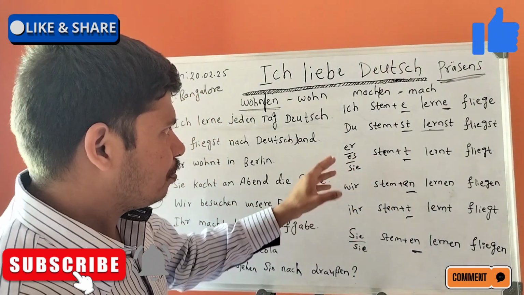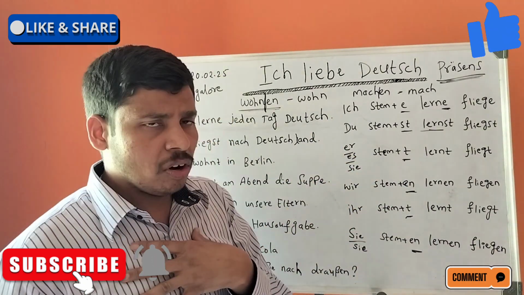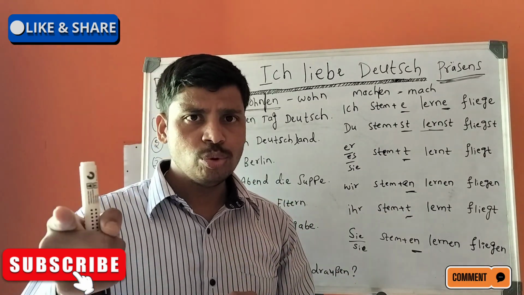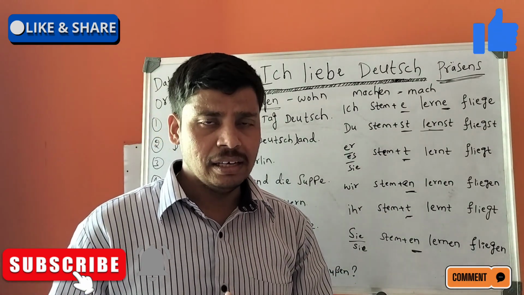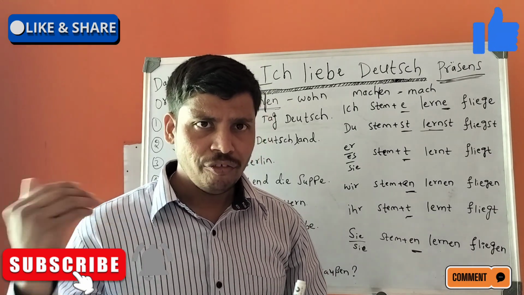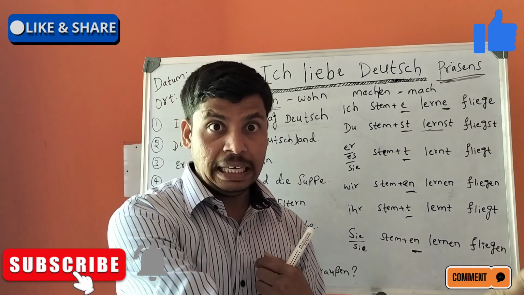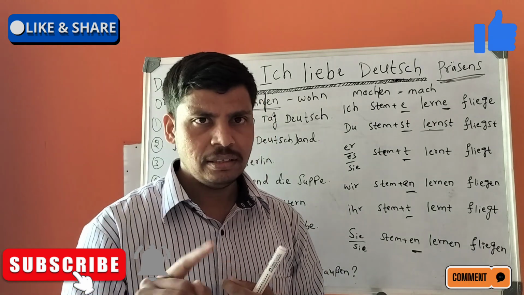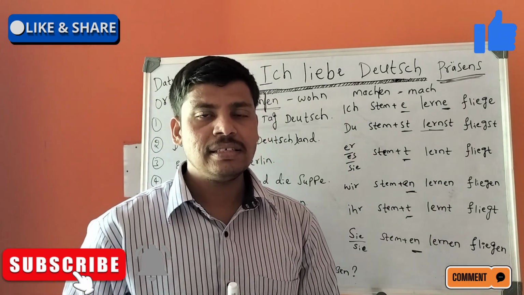Now if you want me to read the conjugations: ich lerne, du lernst, er lernt, es lernt, sie lernt, wir lernen, ihr lernt, ihr means you all, sie lernen.